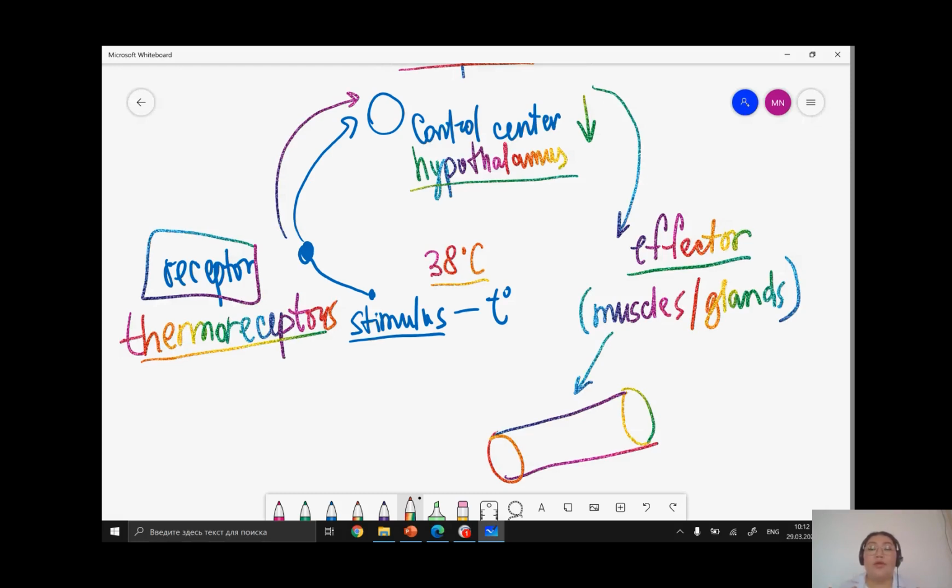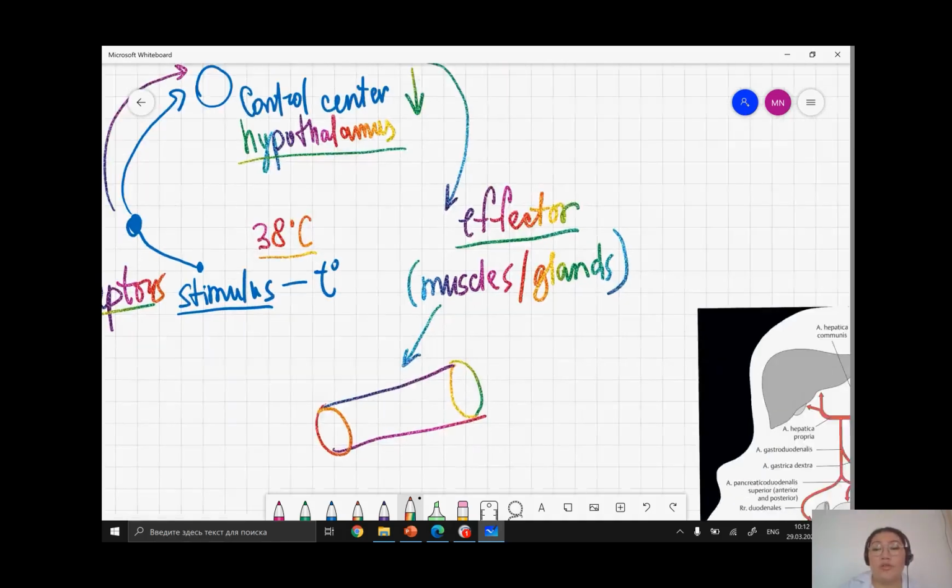That's why when your temperature has increased, you can see that your skin is a little bit reddish, because within the vessels we have blood, and the blood is red. When the vessel is dilated, it goes closer to the surface of the skin. That's why we can see the reddish color of our skin.